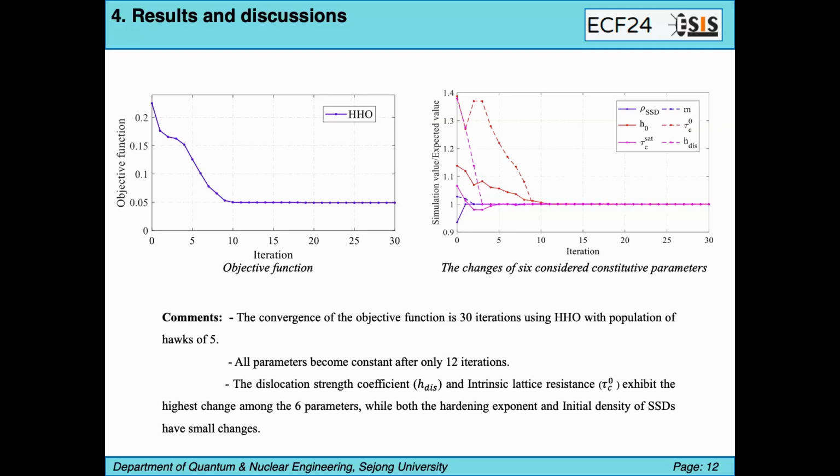The change of the 6 constitutive parameters you can see in this figure. We can see that the dislocation multiplication coefficient and the intrinsic lattice resistance have the highest change among the 6 parameters, and the hardening exponent and initial density of SSD have small changes.